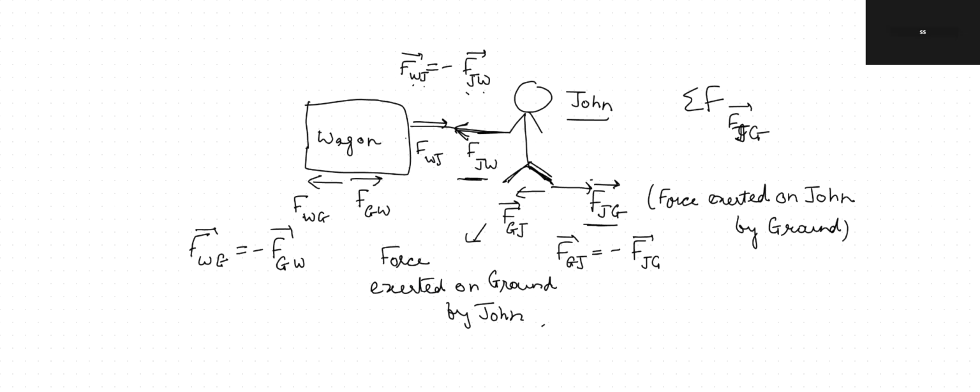If force JG is more than force JW, then he will move forward. On the other hand, to find out if the wagon accelerates forward, we have to see the forces acting on the wagon.